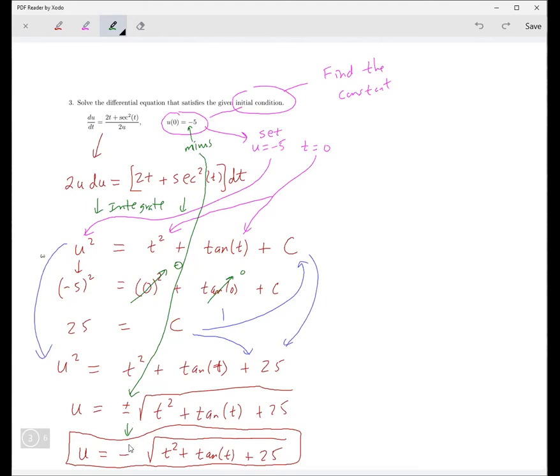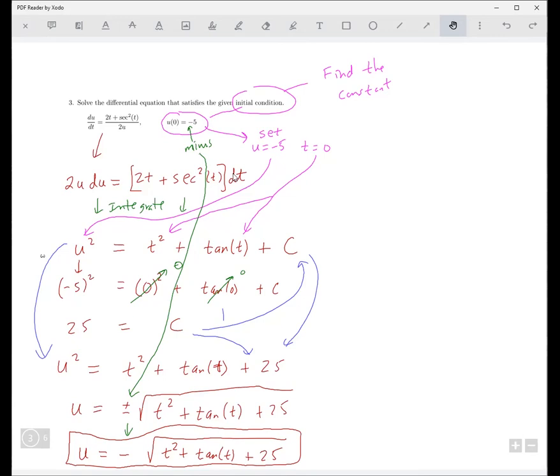It has to be the minus one. Because this symbol here, we say square root, but what it really is is the positive square root. It's only referring to the positive square root. Okay. Any questions about that, or anything that we've done so far?